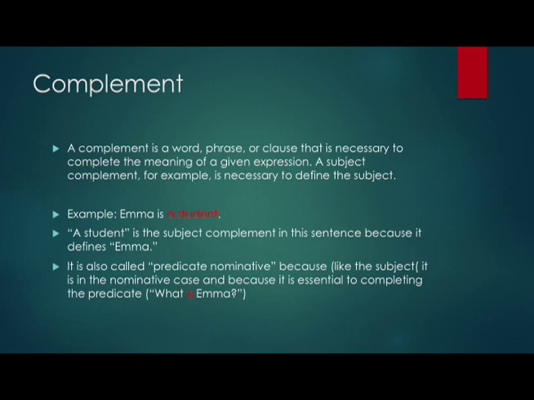Again, it's teacher defines what he was, so therefore it's the subject complement. But we call it predicate nominative because the subject complement is also in the nominative case. This is something we don't need to worry too much about in English. The genitive case is the only one that has an ending where things change. For the most part, nouns at least don't really change depending if they're in the nominative case or other cases.